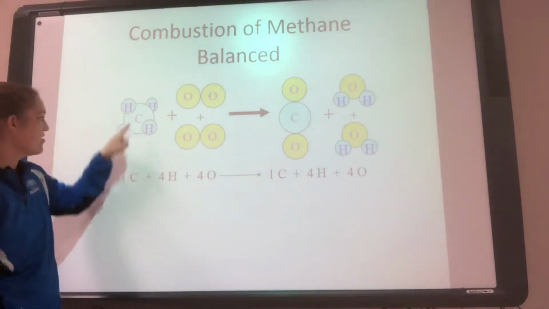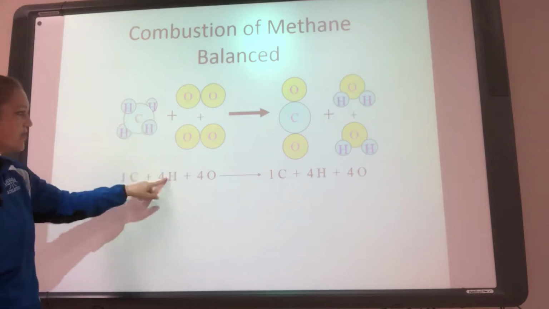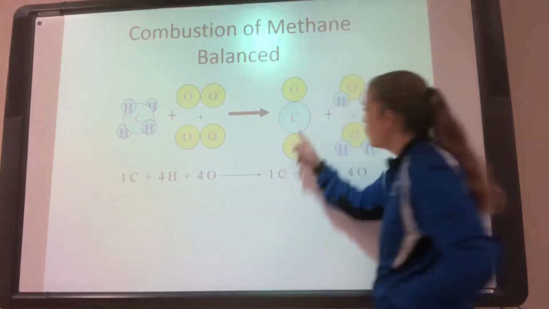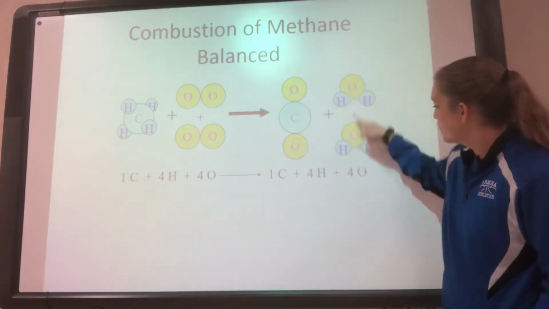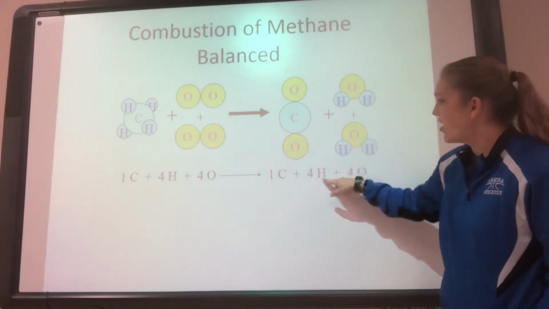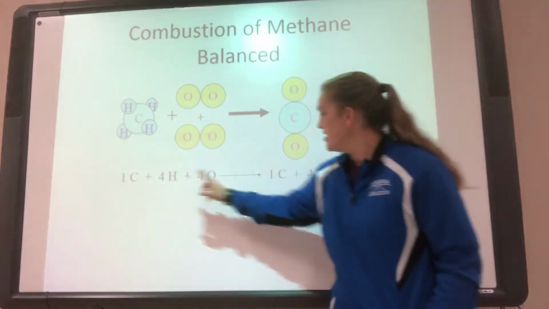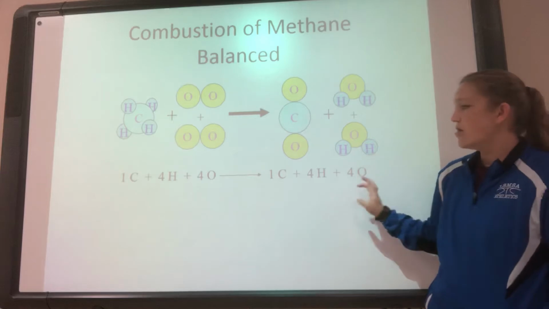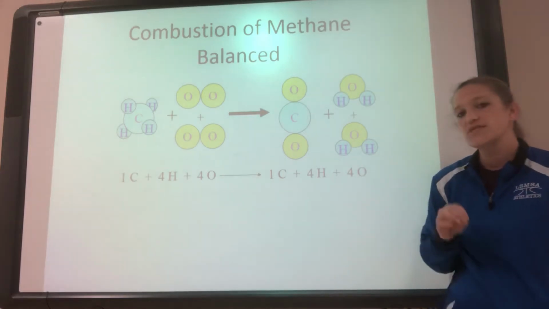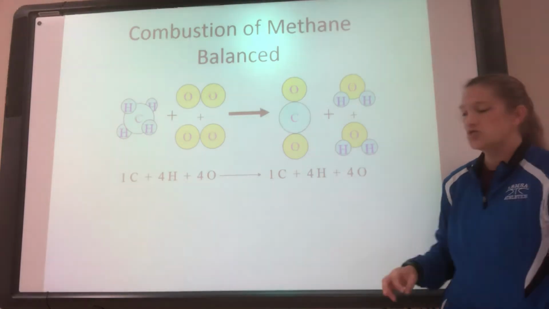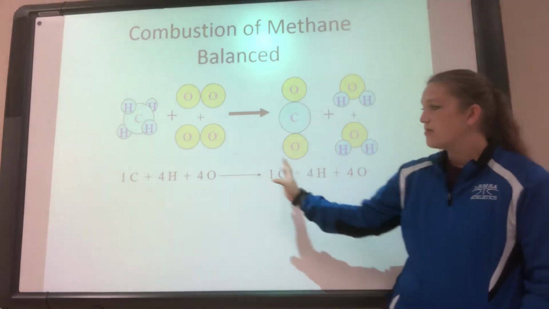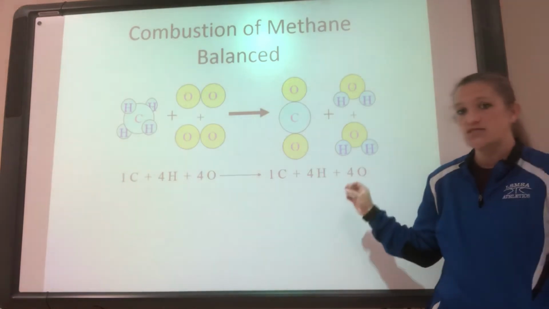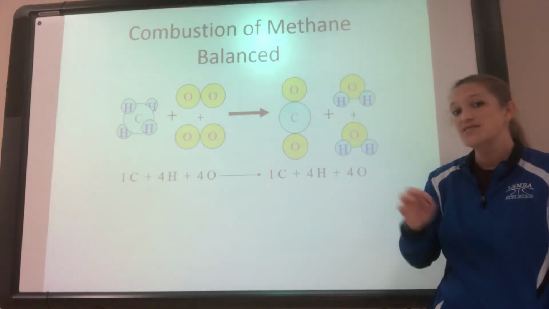So now if we look, I have 1 carbon, I have 4 hydrogens, 4 oxygens. Over here I have 1 carbon, I have 1, 2, 3, 4 oxygens, and 1, 2, 3, 4 hydrogens. So now the same number of every element is on both sides. This is what we call balanced. When we say we need a balanced chemical equation, it means the number of elements on the left in my reactants, and the number of elements on my right, my products, has to be the same.